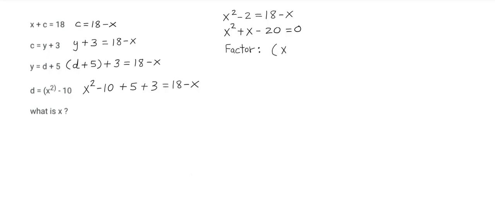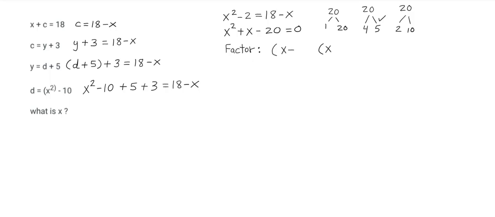So now we can factor, and the 20, the constant, will break into multiples of 1 times 20, 4 times 5, and 2 times 10. So intuitively, we could see 4 and 5 seem to have something to do with 20 as a product.